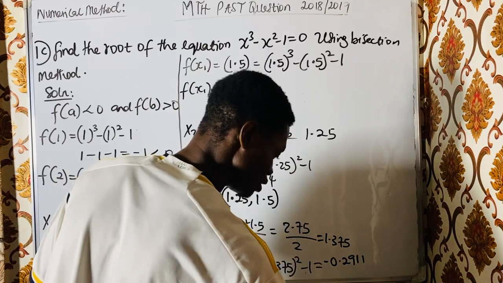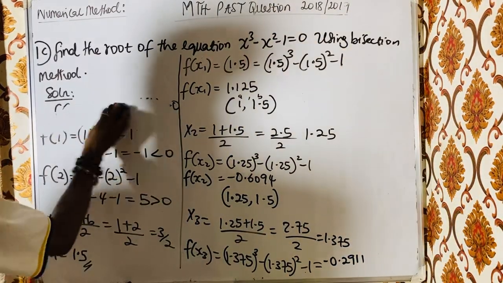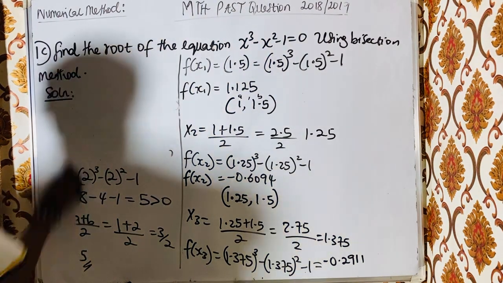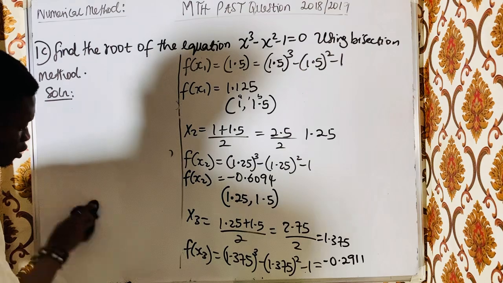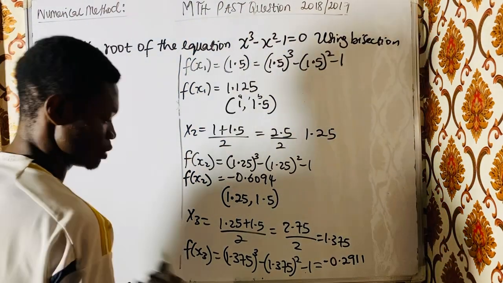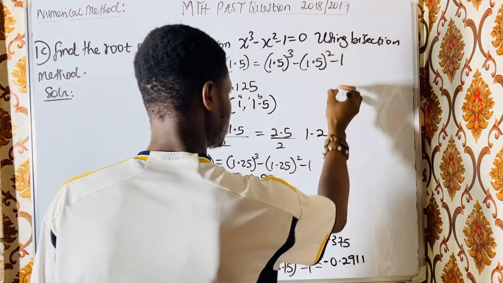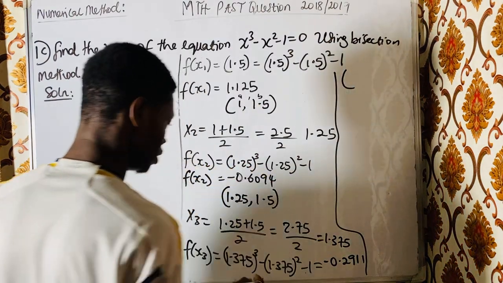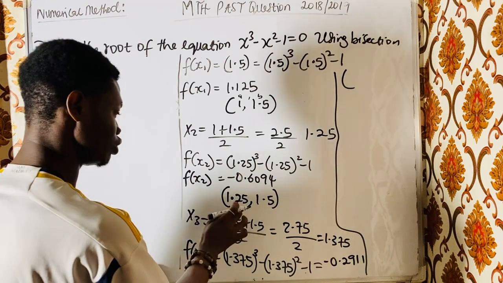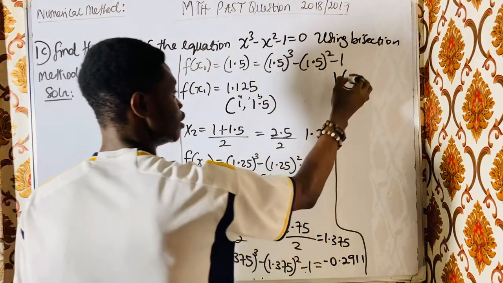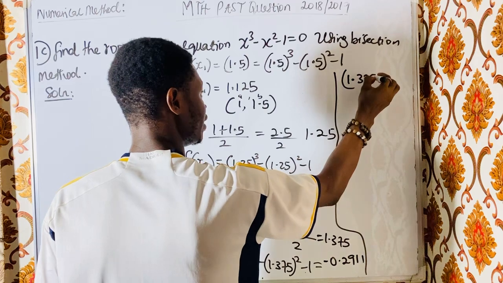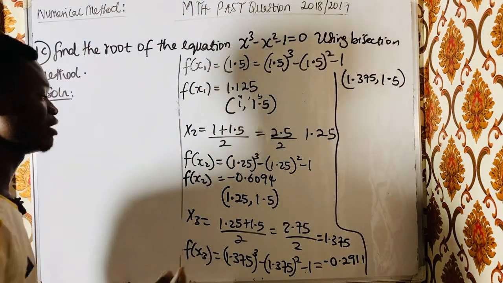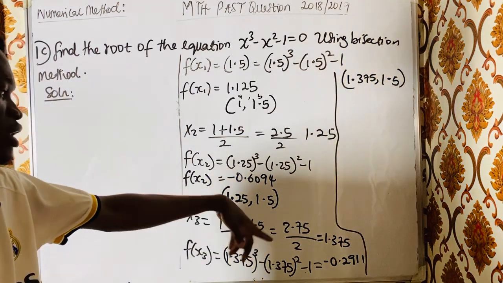Now let's check the interval for x4. This one is negative, so it replaces the lower end. So we have 1.375 comma 1.5.